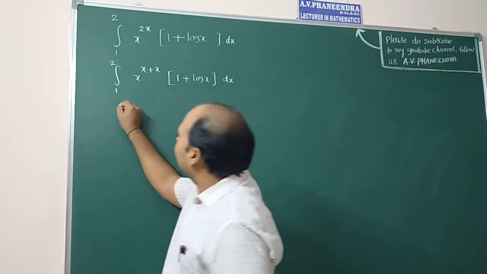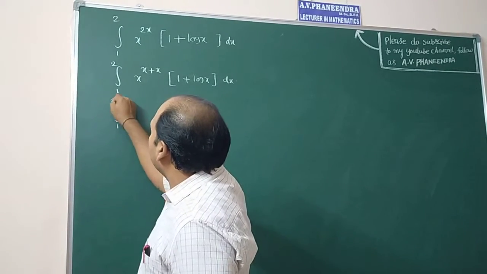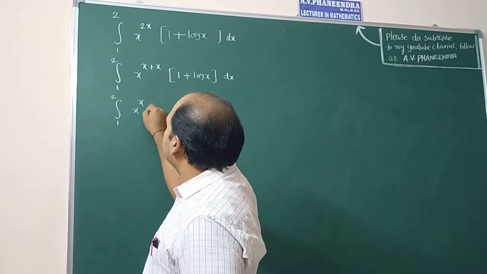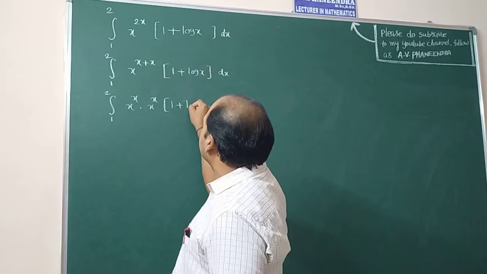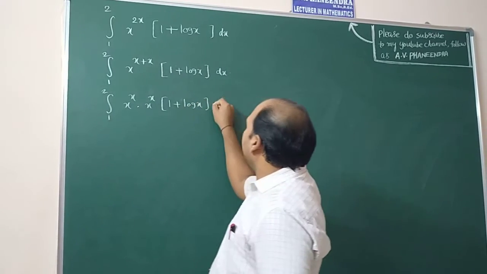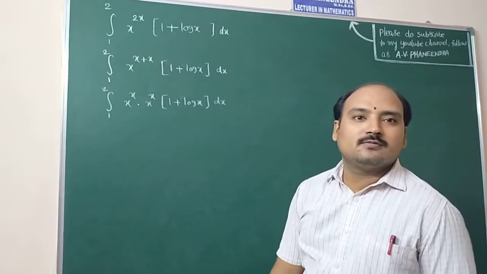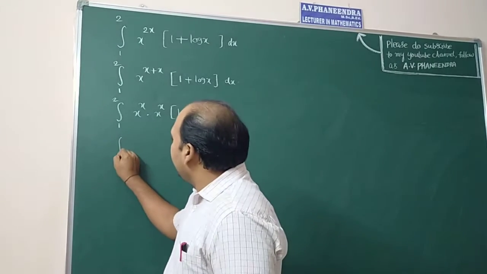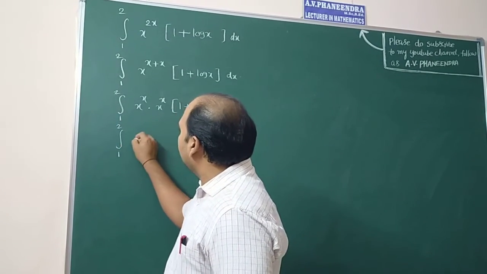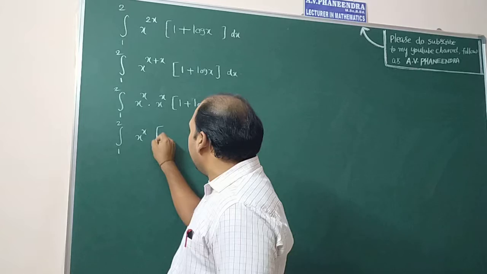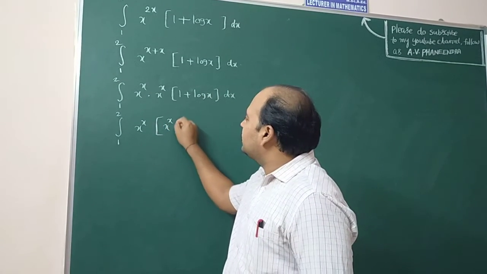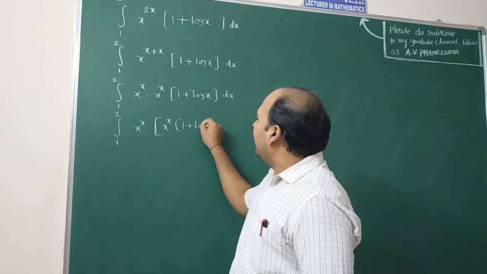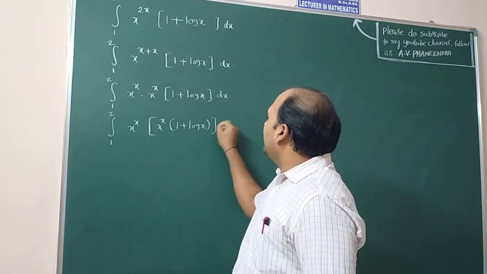In the same way, integral 1 to 2 of x power x into x power x into (1 plus log x) dx. After that, integral 1 to 2 of x power x into, keep bracket, this x power x we can take into the bracket, x power x into (1 plus log x) dx.